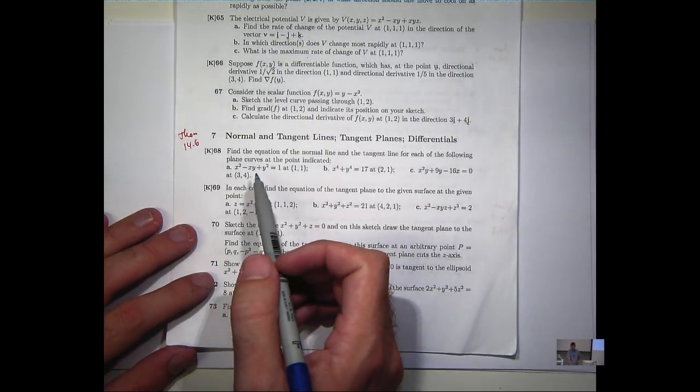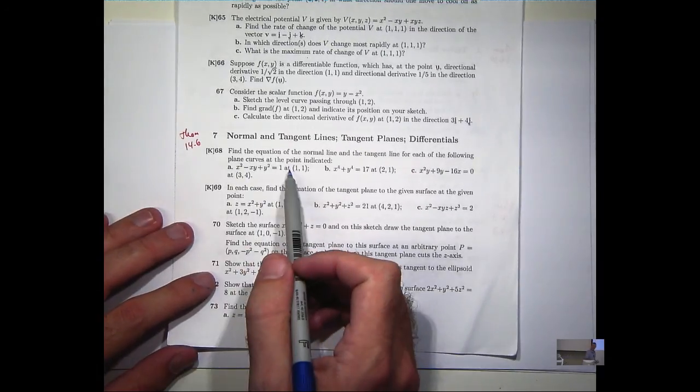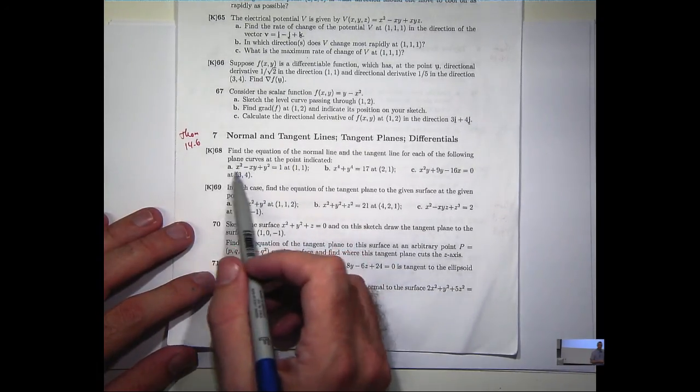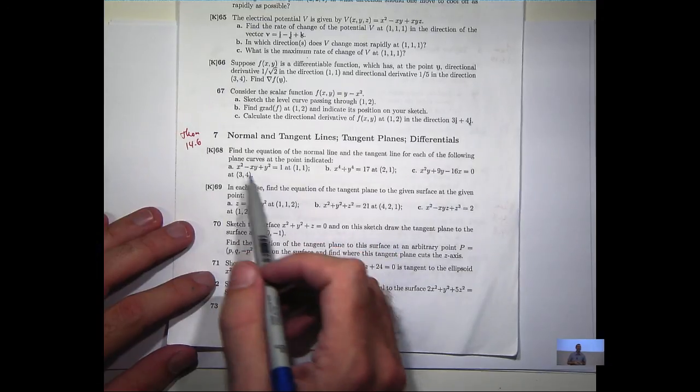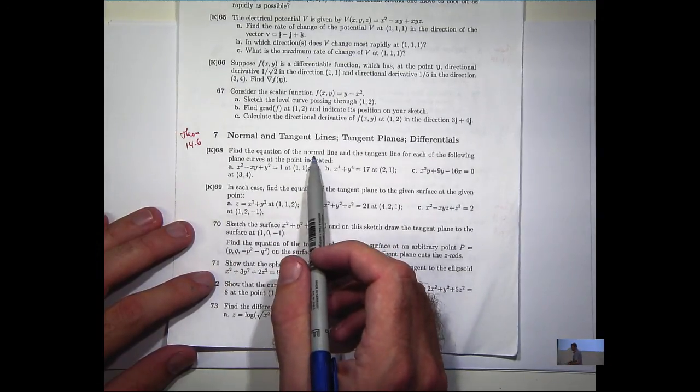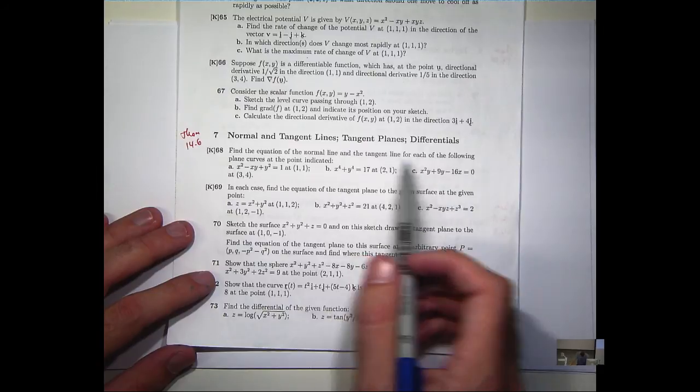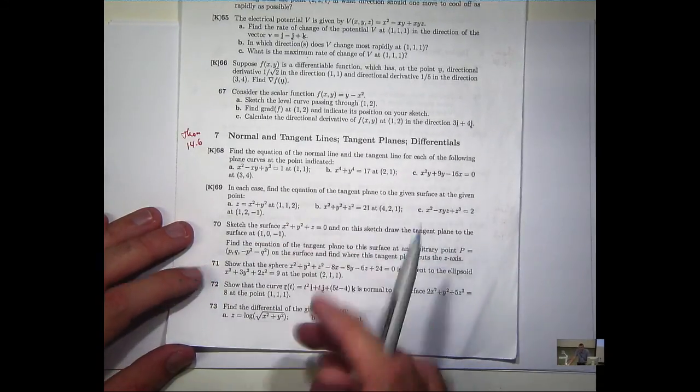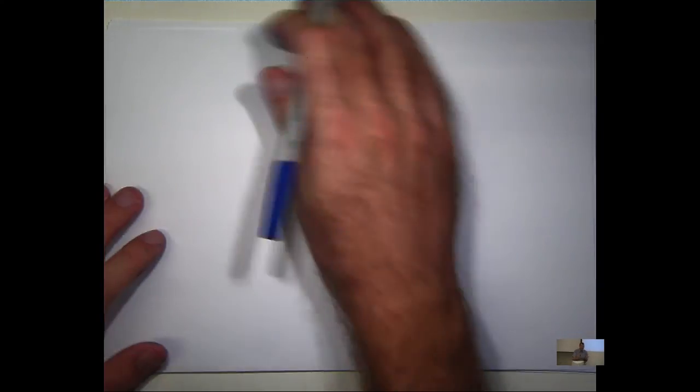In 68 Part A, you're given some sort of curve, and you're asked to find the equation of a normal line and the tangent line for each of the following curves at the point indicated. So let's have a look.